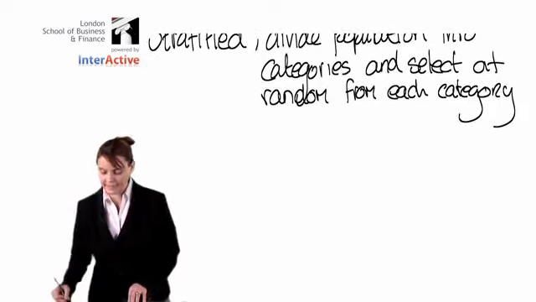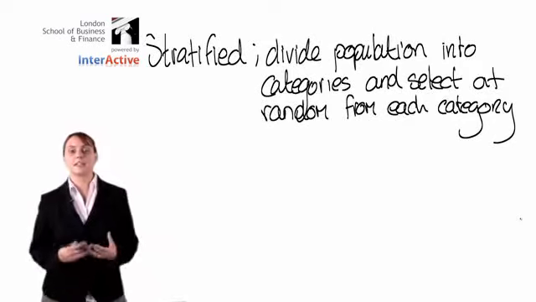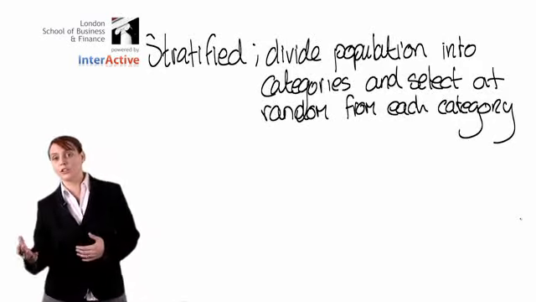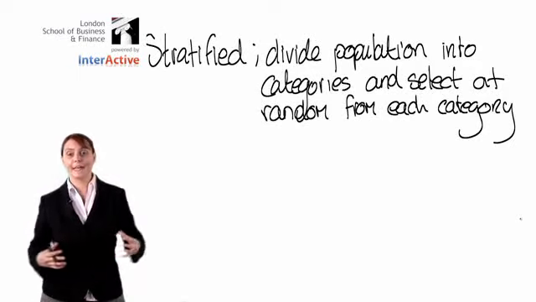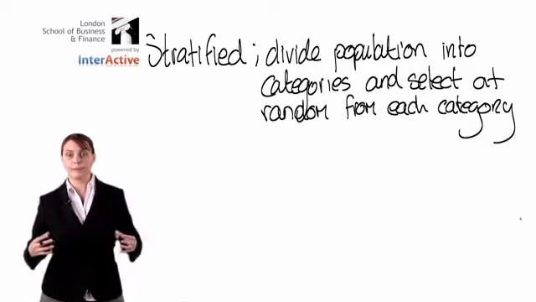So, for example, again, if we are trying to select a sample population of 100 from 20,000 people, first we might categorize all of the people in our population into age groups.